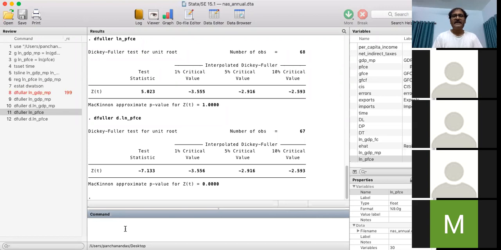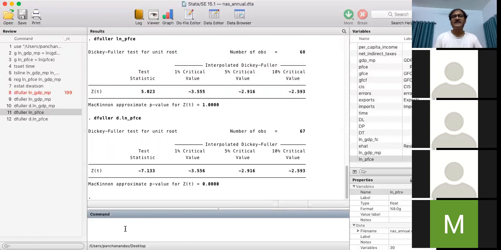Okay, that is, both the series are of the same order of integration. That is, they contain the same number of unit roots. Both the series contain a single unit root. So log GDP series contains one unit root. Log consumption expenditure contains one unit root. That means both the log GDP series and the consumption expenditure experience roughly similar kind of stochastic trend.